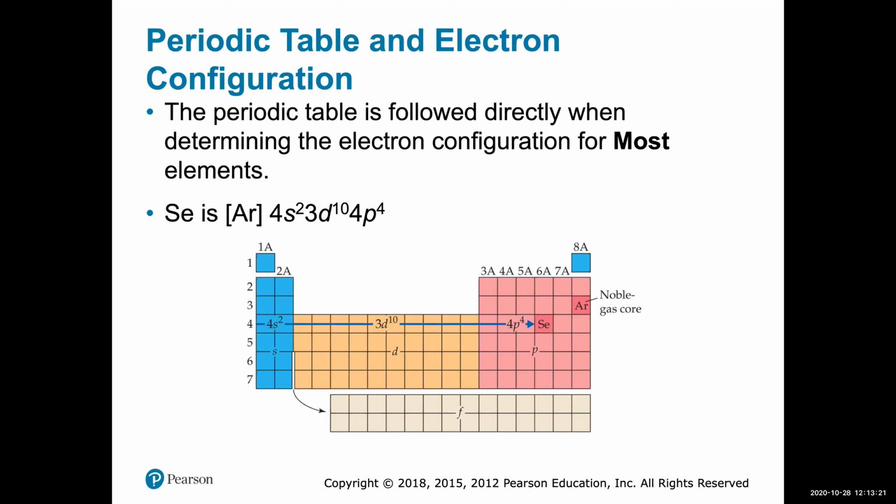So understanding that this is how the electrons fill most of the time, you see most is bolded there. There are some exceptions, but most of the time you fill in this order: 1s, 2s, 2p, 3s, 3p, 4s, 3d, 4p, 5s, 4d, 5p, on down the line. So spend some time looking at this, making sure you're comfortable with how these fill.